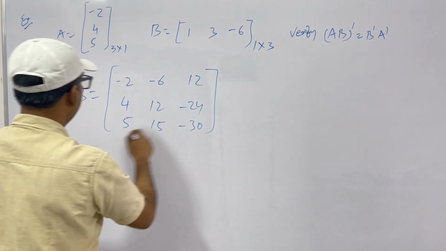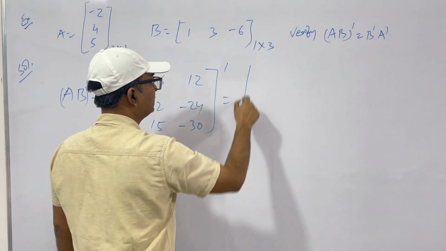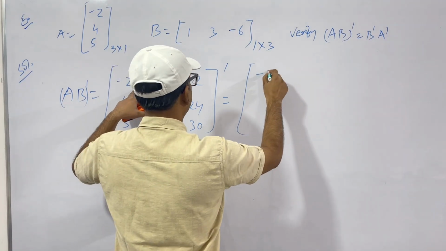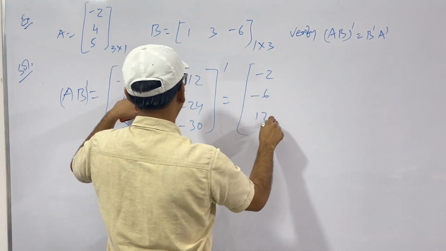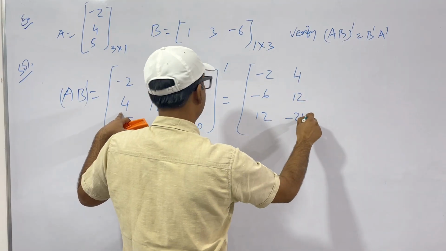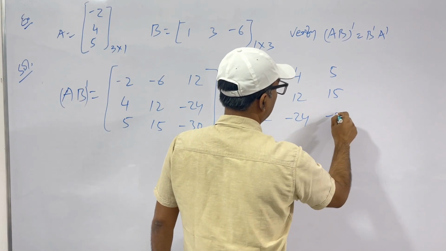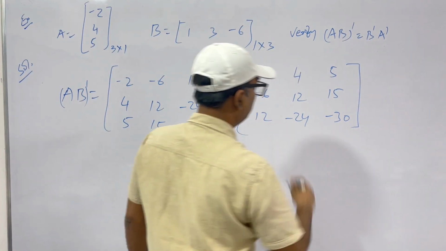So this is AB. What will be (AB)'? This will be the transpose of this: -2, -6, 12; 4, 12, -24; 5, 15, -30. So this is (AB)'.